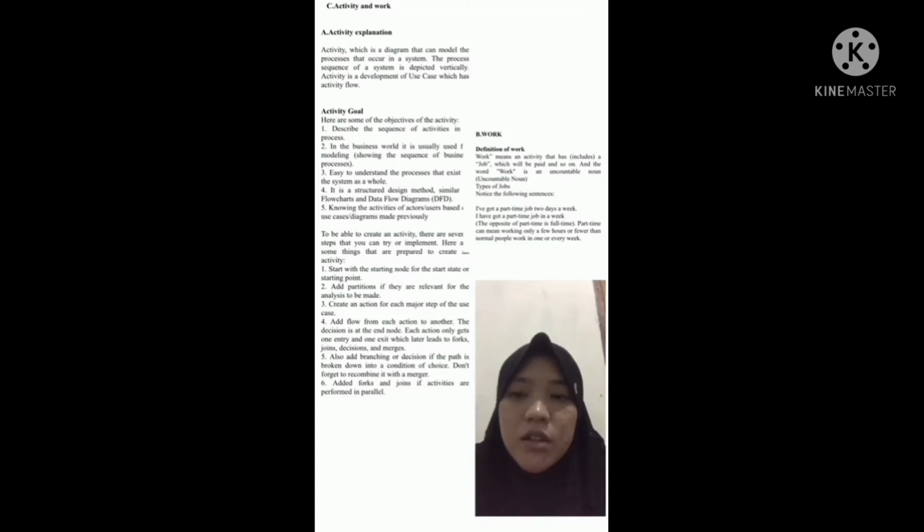The description is at the end node. Number five, also add branching or decision if the flow is broken down into a condition.